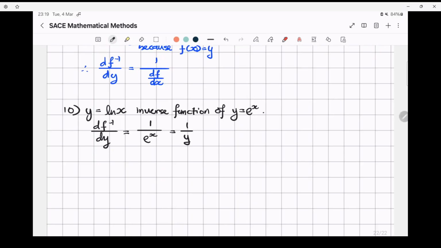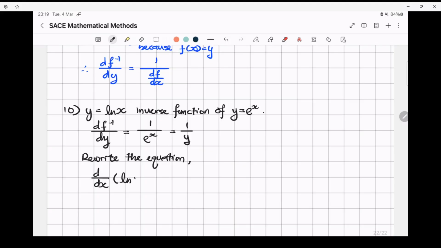So lastly, we just rewrite the equation, as in we change back the x and y.